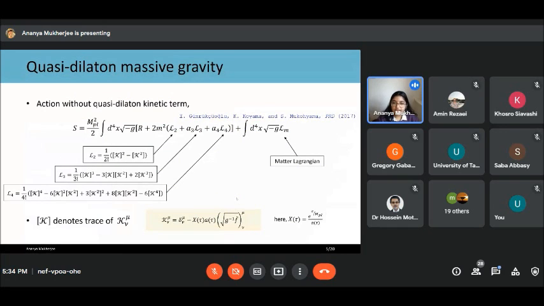This is the complete action for the theory, which consists of the contribution from the gravity sector, the massive gravity contribution, and a general matter Lagrangian. And the massive gravity Lagrangian is in the familiar form.